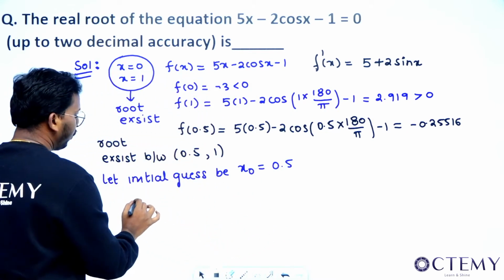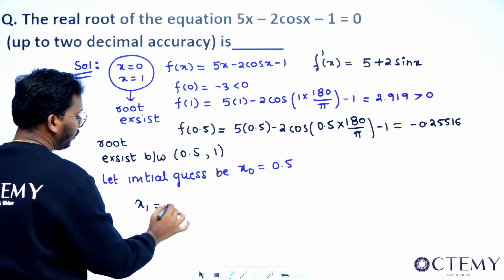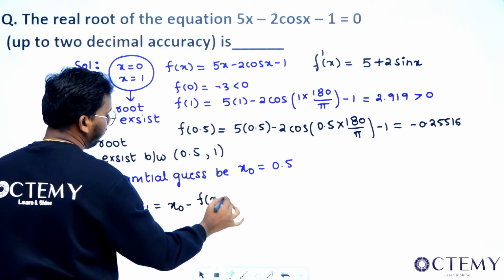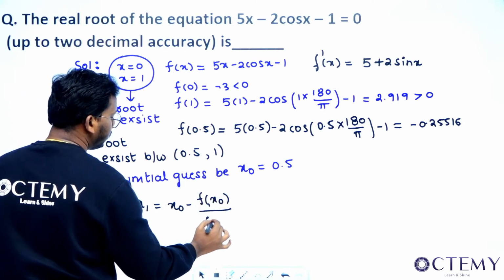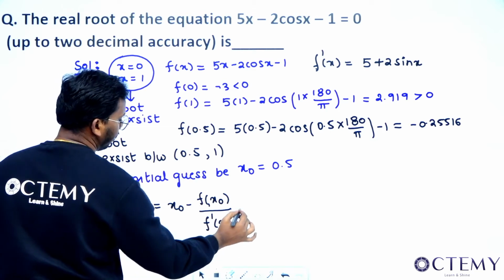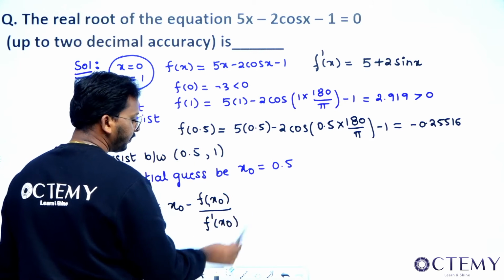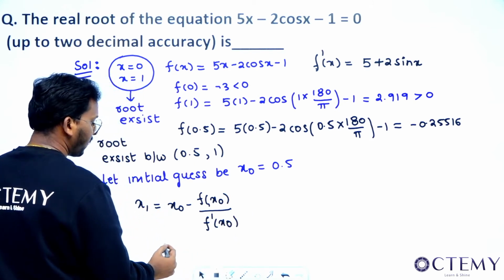So see sir, if I want to find x1, that would be equal to x naught minus f of x naught divided by f dash of x naught. So that should be equal to, if I write it here, what is your x naught?